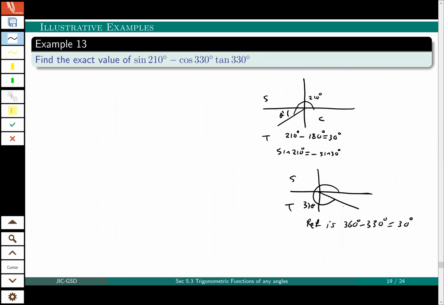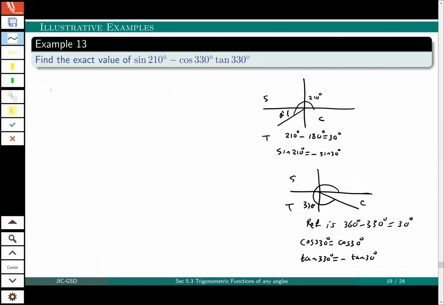So STC will say cosine 330 will be the same as cosine 30 because cosine is positive in quadrant number 4, but tan 330 is the negative of tan 30.